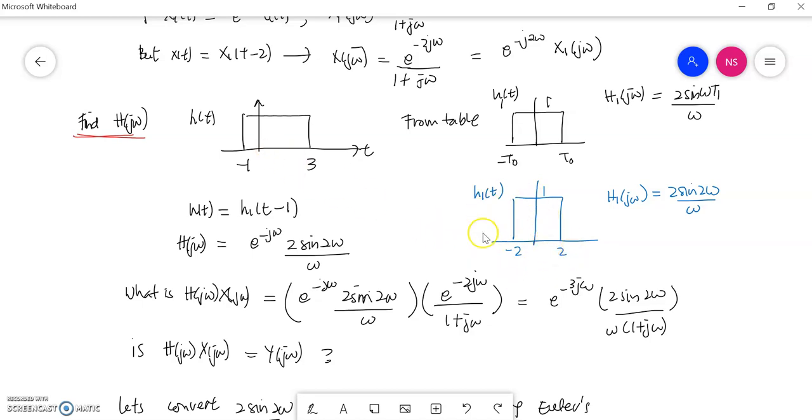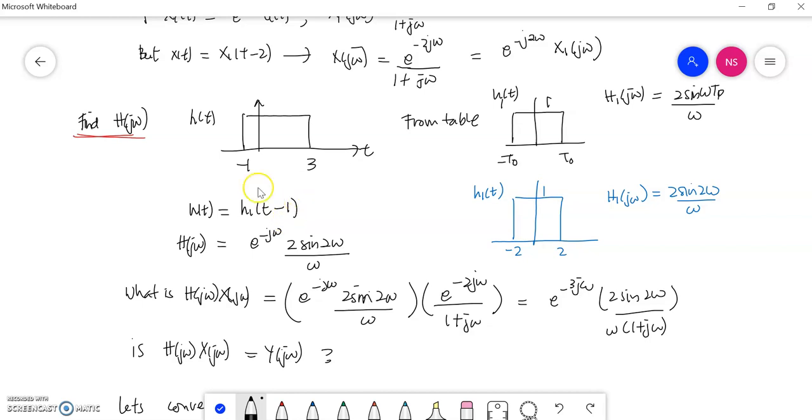So if this is our h1(t), then our H1(j omega) becomes this. Our t naught is 2, which is shown here. And then from h1(t), can we find our h(t)? We found that h(t) is actually h1 shifted to the right by 1.